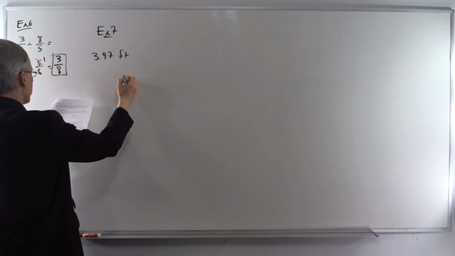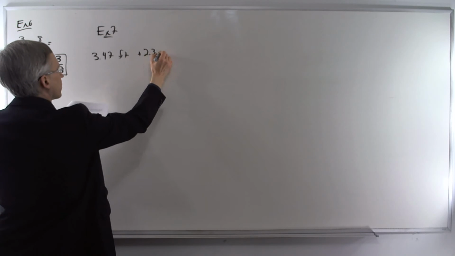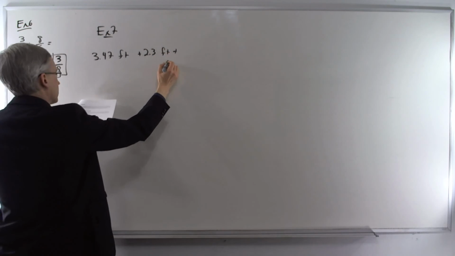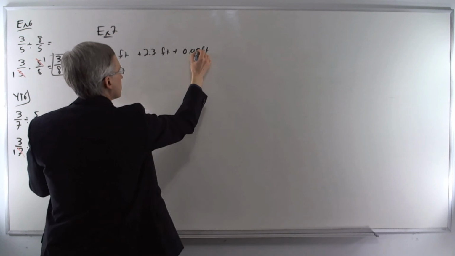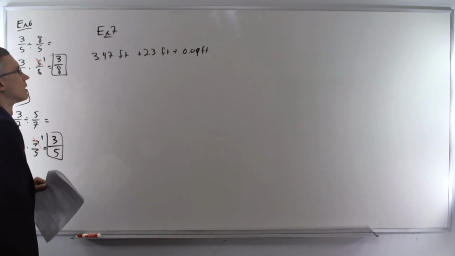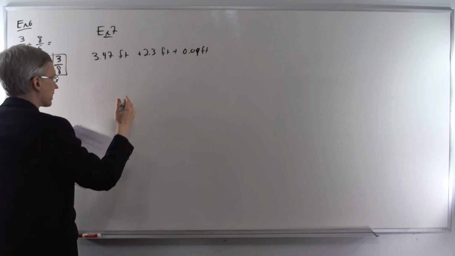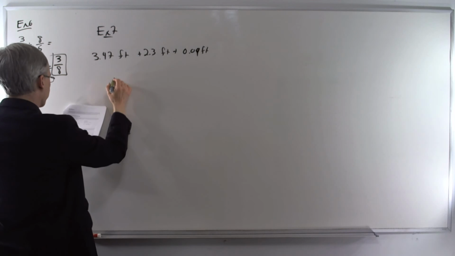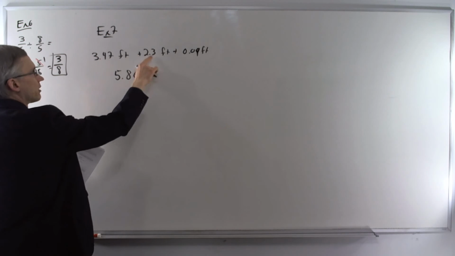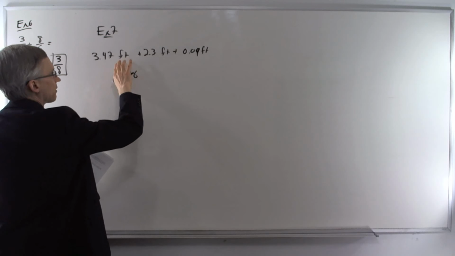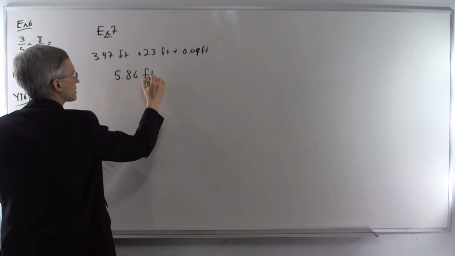3.47 feet plus 2.3 feet plus 0.09 feet. All right, they all have the same units, so they can be added together. So we add them up and we get 5.86. We're adding together the numbers to get 5.86, and the things we're adding together stay exactly the same.